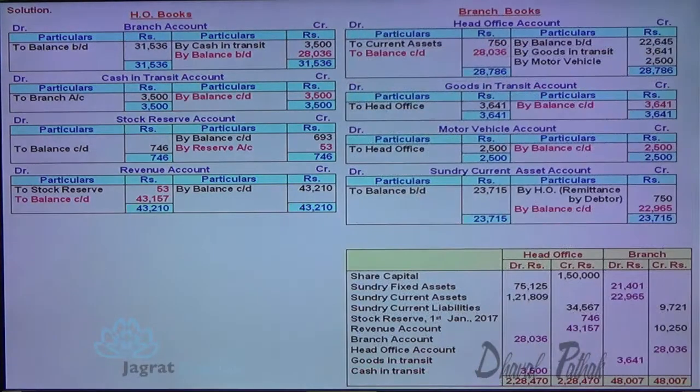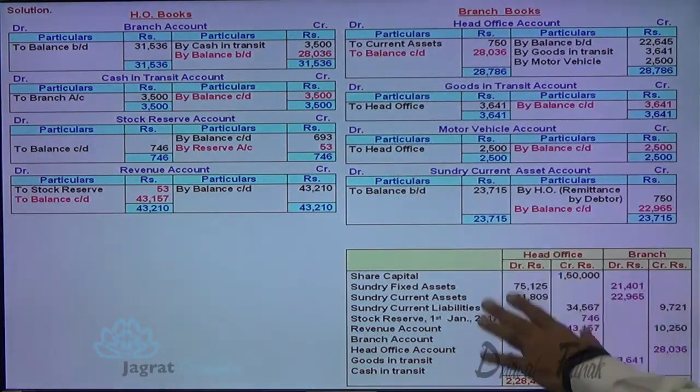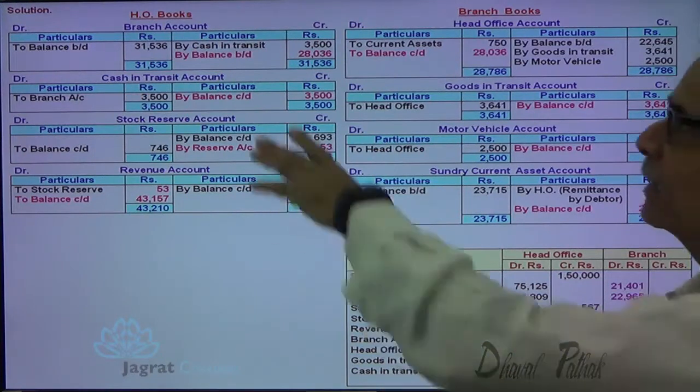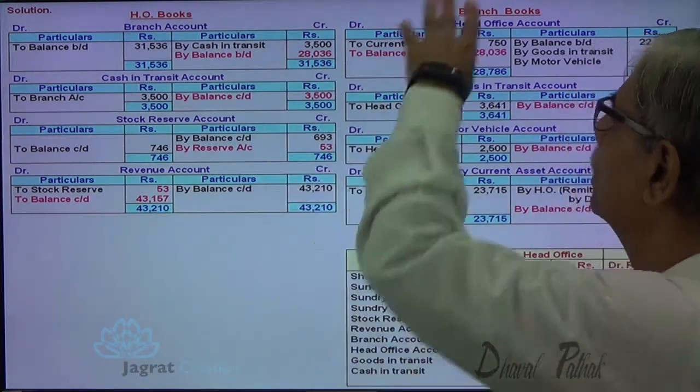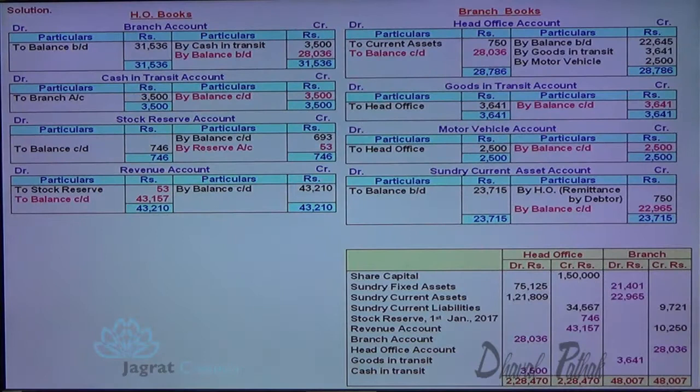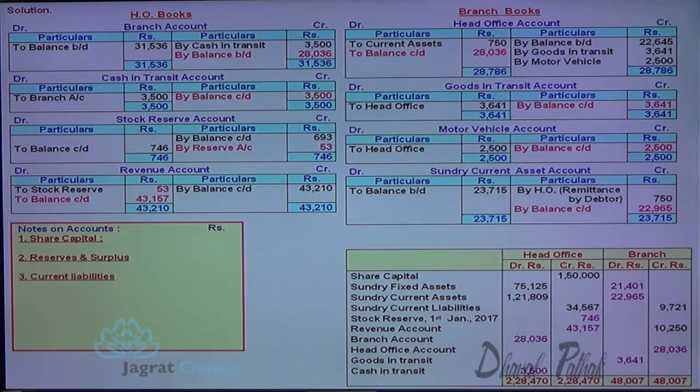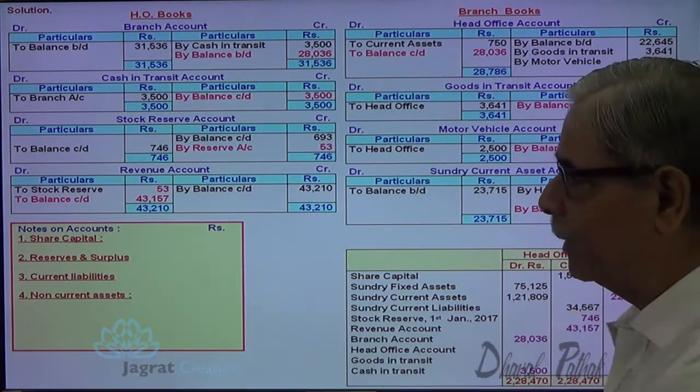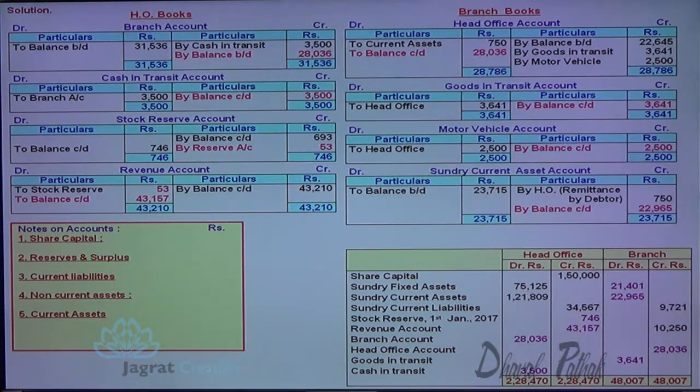Now this is an amended trial balance. These are the ledger accounts prepared in the books of HO. These are the ledger accounts prepared in the books of branch, which has already been explained to you. Now I want to prepare notes on accounts: share capital, reserves and surplus, current liabilities, non-current assets, current assets. Share capital 1,50,000.